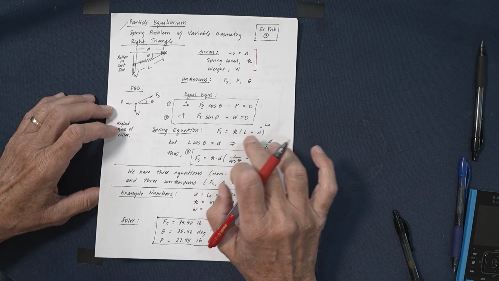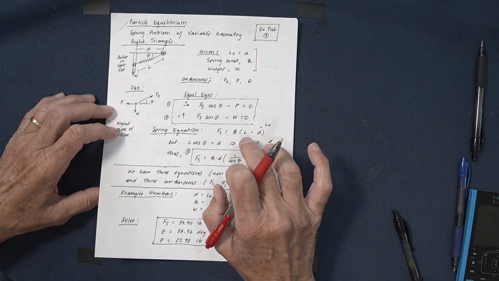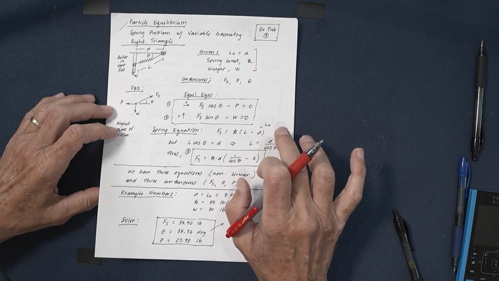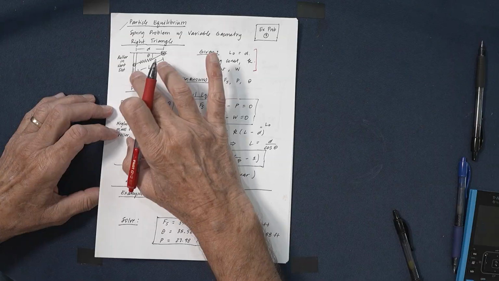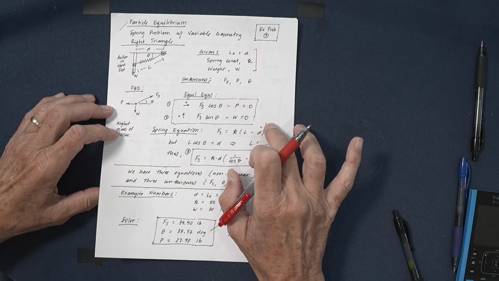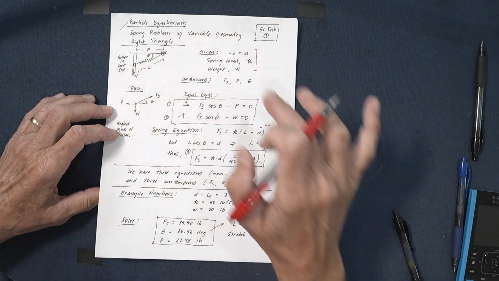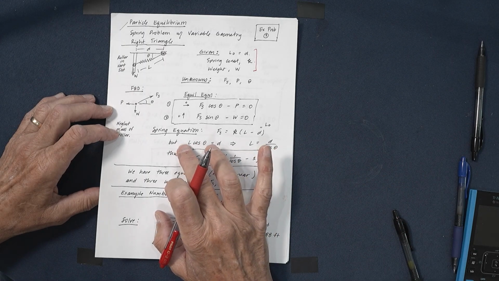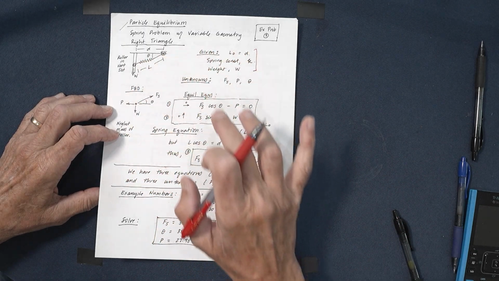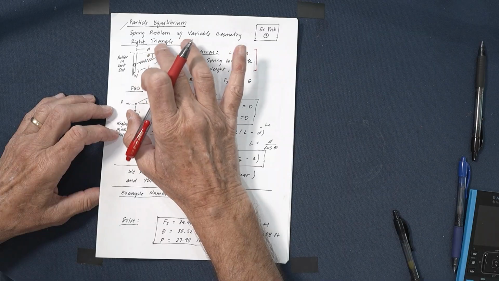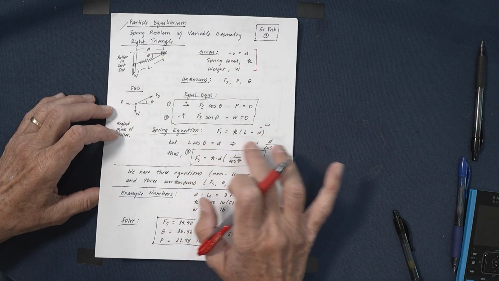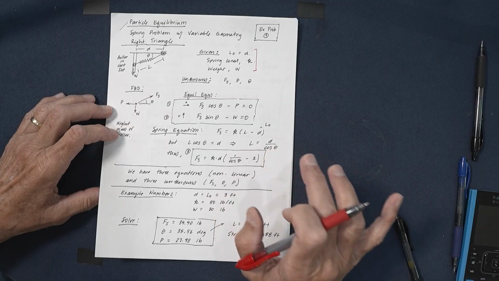And so from the spring equation, Fs is equal to a spring constant times stretch. And the stretch is the current length L minus the unstretched length, which is D. But just looking at this triangle, L times cosine of theta is equal to D. And so L is equal to D over cosine theta.